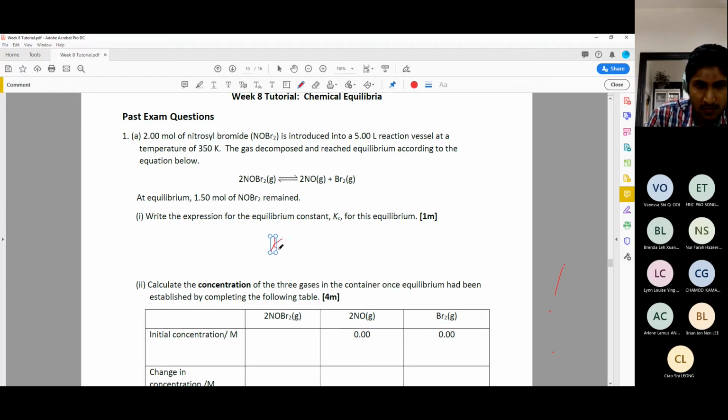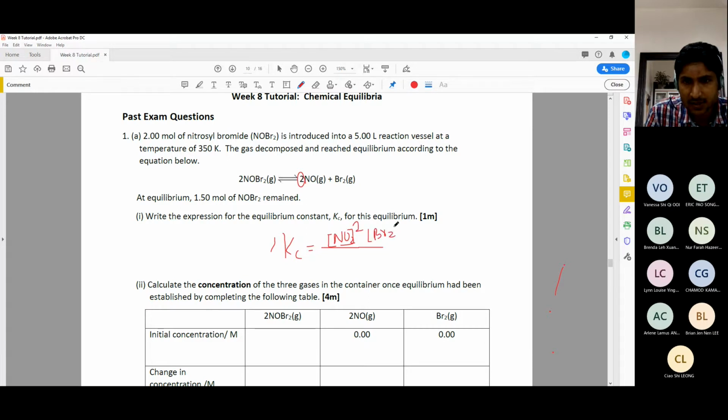Kc, or K, sometimes we can call it Kc. So it will be nitric oxide, right? Oh, sorry, it is nitric oxide here, NO, not NO2. Since there are 2 moles, it will be squared, and then bromine.